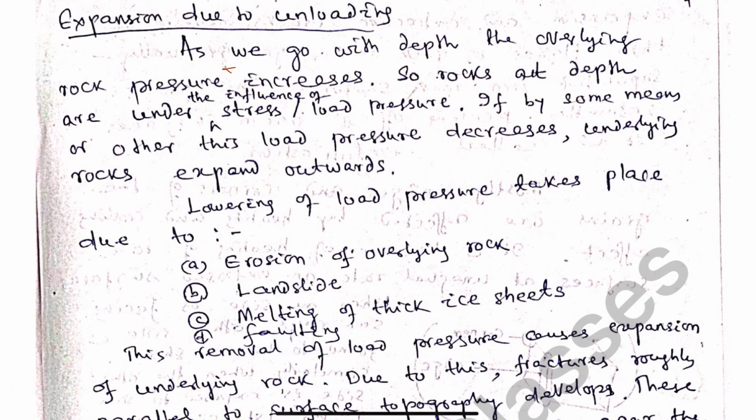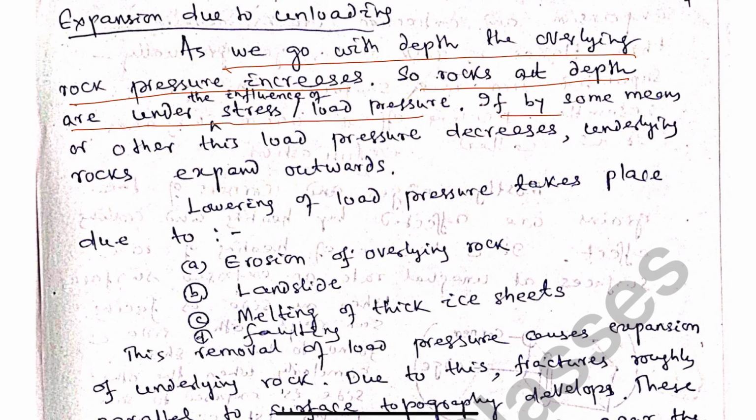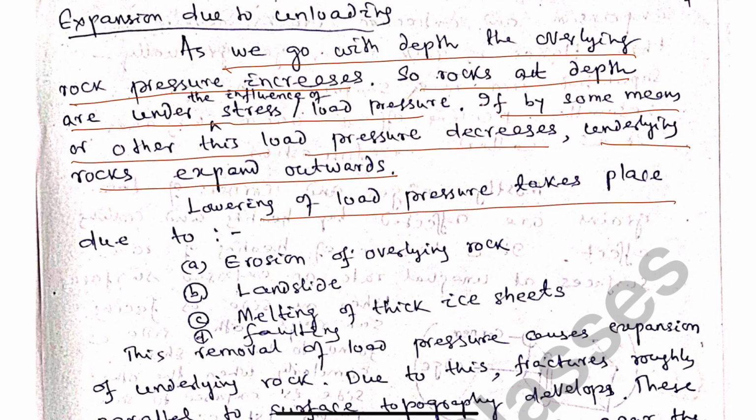Expansion due to unloading. As we go with depth, the overlying rock pressure increases. So rocks at depth are under the influence of stress or load pressure. If by some means or other the load pressure decreases, the underlying rocks expand outwards. The lowering of load pressure takes place due to erosion of the overlying rocks.